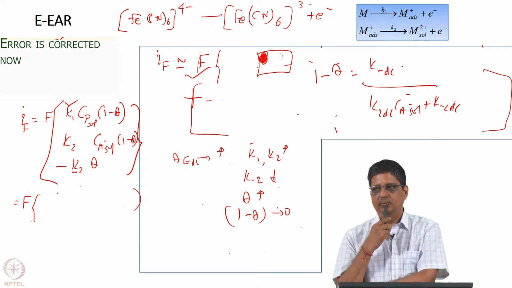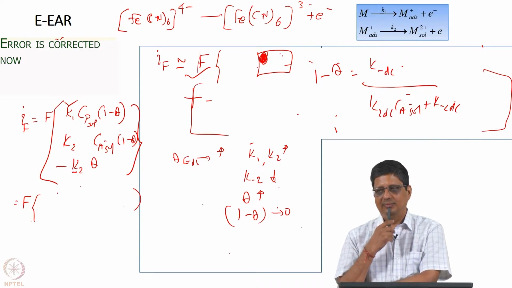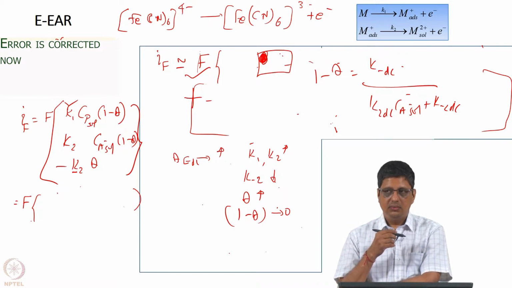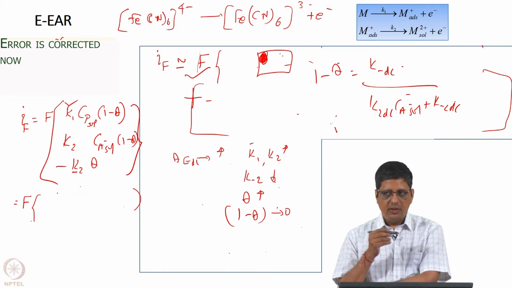And if the potential is increasing, it will simultaneously increase. The rate constant is increasing, we are not denying that. But I am saying that increasing the potential of the second reaction simultaneously means we are increasing the potential of the whole system. Yeah, we are increasing the potential of the electrode.